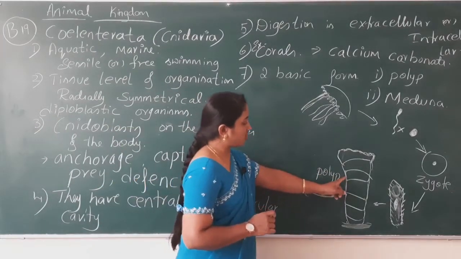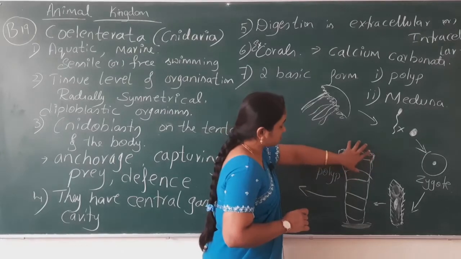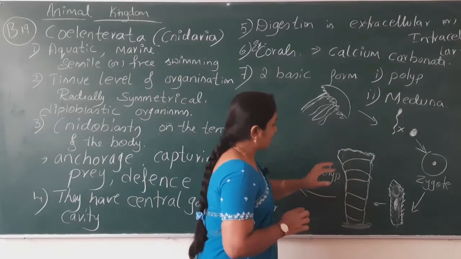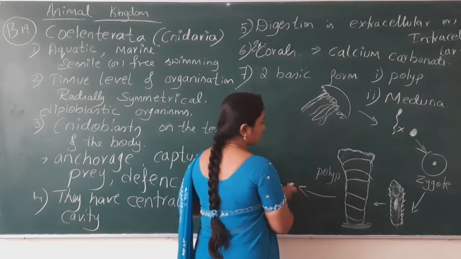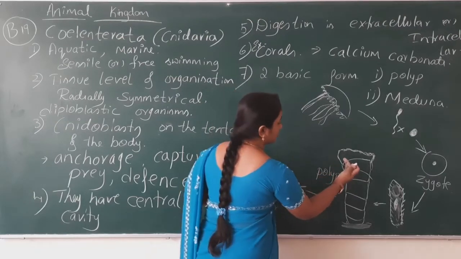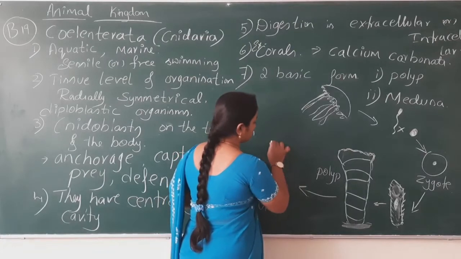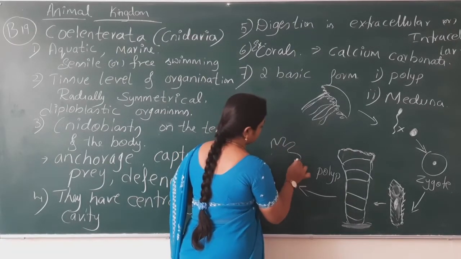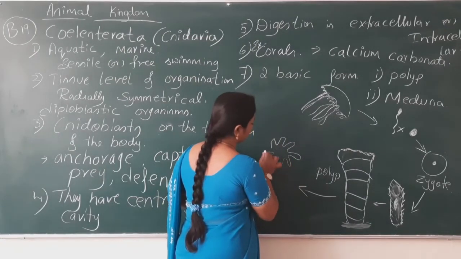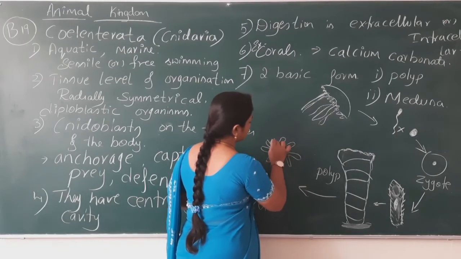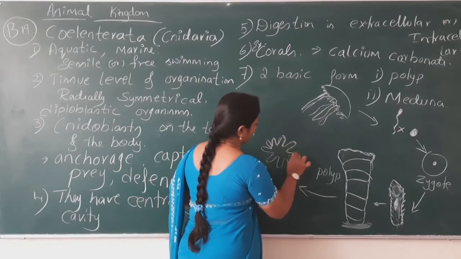This polyp animal is going to release, asexually, a new free living organism known as Aurelia.